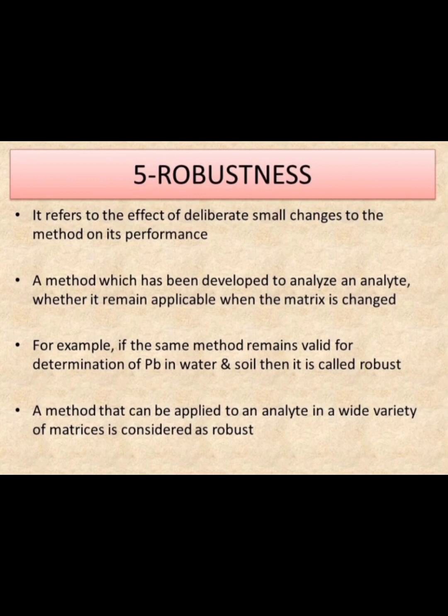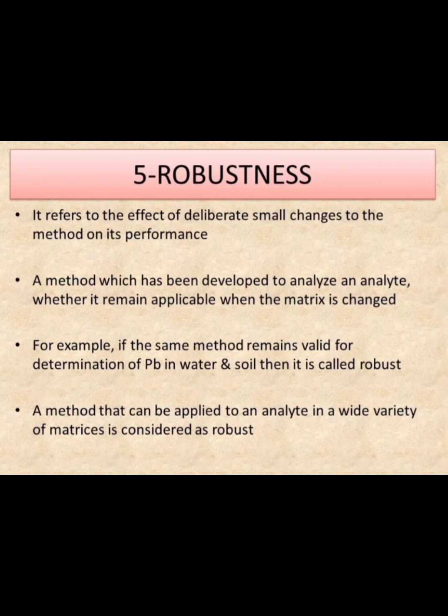Robustness refers to the effect of deliberate change to the method on its performance. A method which has been developed to analyze an analyte, does it remain applicable when the matrix is changed?